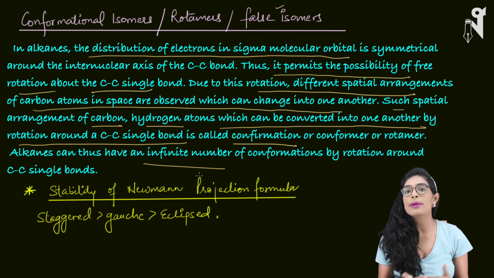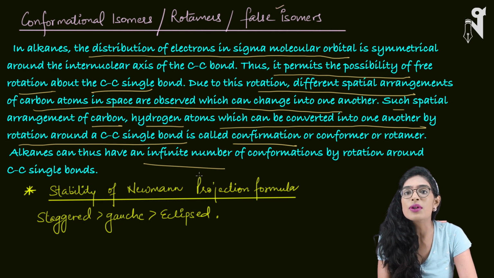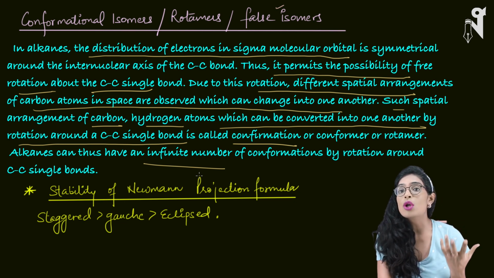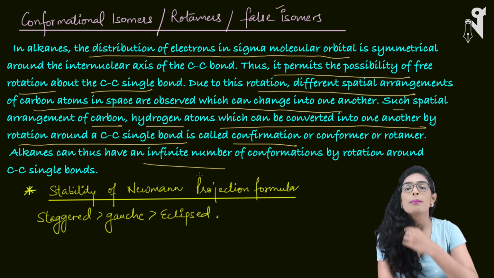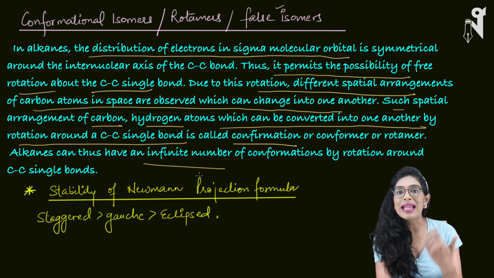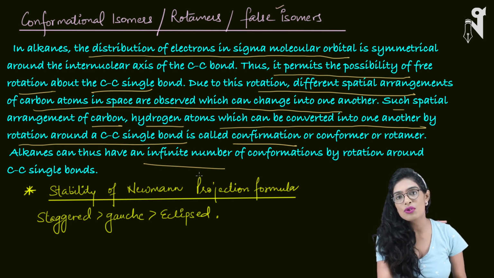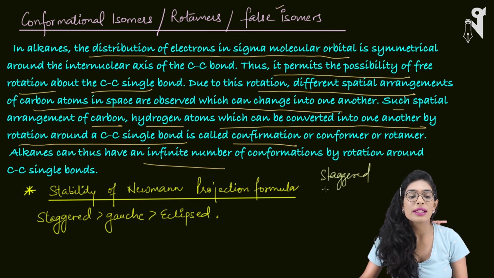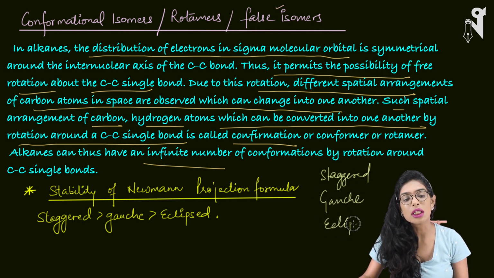But for ethane, as I mentioned, we are talking about only two forms: staggered and eclipsed. In other cases where we are not specifically talking about ethane, we can take butane, propane, and so on. In those cases, there are three forms which we talk about: staggered, gauche, and eclipsed, which we will learn now.